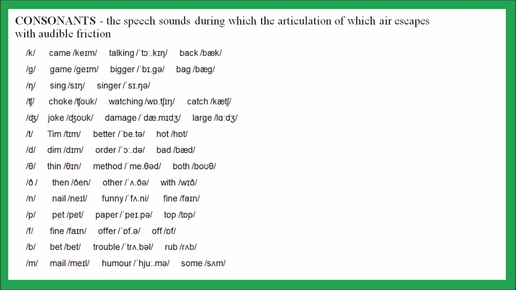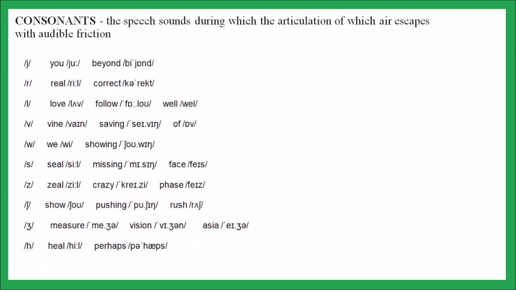K as in come, G as in game, Ng as in sing, Ch as in choke, J as in joke, T as in Tim, D as in dim, Th as in thin, Th as in then, N as in nail, P as in pet, F as in fine, B as in bet, M as in male, Y as in you, R as in real, L as in love, V as in wine, W as in we, S as in seal, Z as in crazy, Sh as in show, Zh as in measure, and H as in heel.